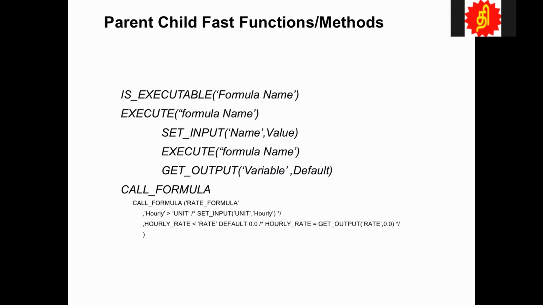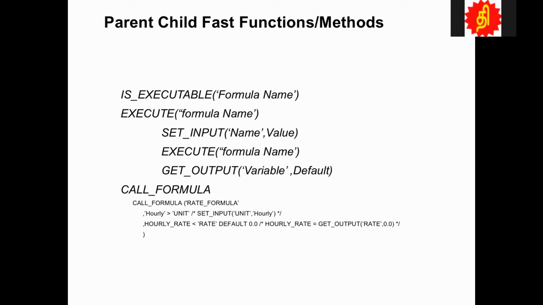That basically says whether it exists. It just checks whether the child formula exists. So when a US employee is coming, for them the India and UK formulas do not exist because they don't have access to them.